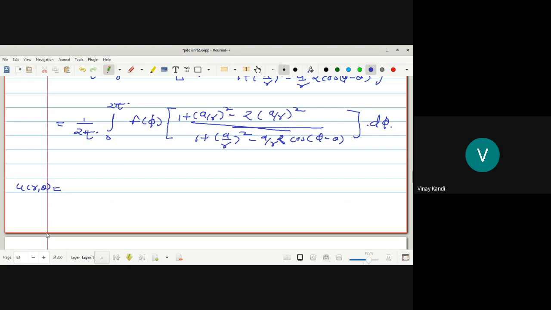Okay, is equal to 1 upon 2 pi integration 0 to 2 pi f of phi into हा काय सॉल्व केल्यानंतर माइनस 2 प्लस 1 काय आहे a square upon r square ना. which is r square minus a square. ओके, खाली डिनोमिनेटर a r square हे होईल r square प्लस r square कॅन्सल प्लस काय इथे a square. ओके, इथे एक r आहे म्हणजे एक r काय वर येईल 2ar into cos phi minus theta. This is d phi.